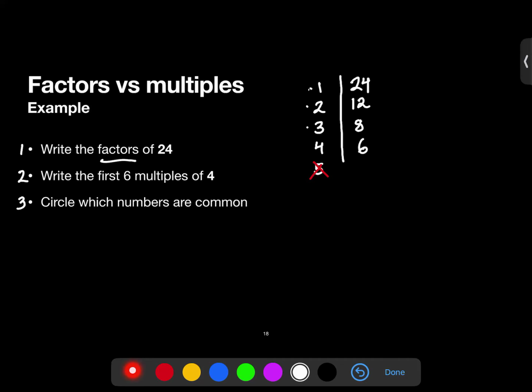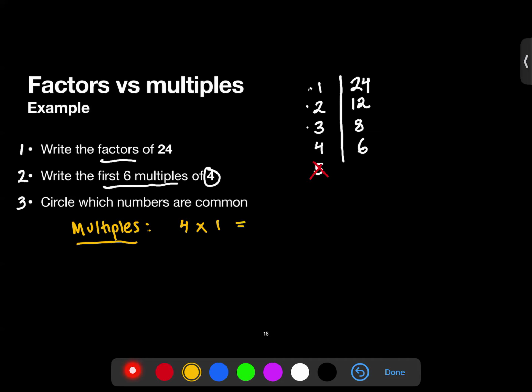So now let's write the first 6 multiples of the number 4. So what number do we start with? 1, right? We want to start from 1, 2, 3, 4, and so forth.